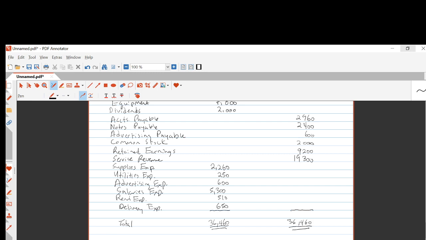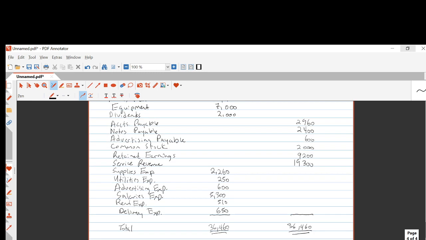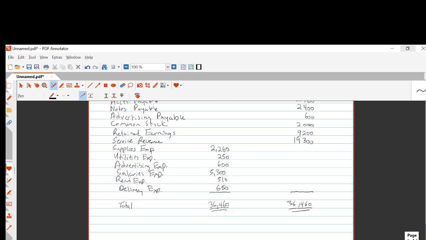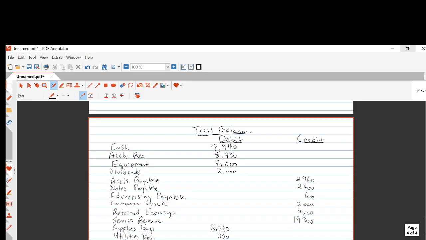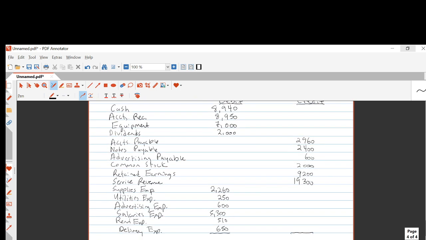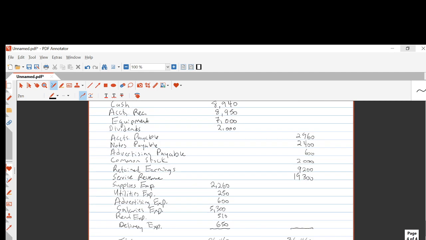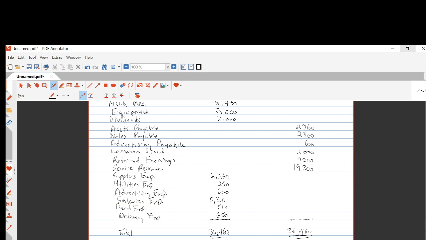But in general, if the total debits equal the total credits in the trial balance, you probably have not made an error. So the total debits equaling the total credits is a necessary but not sufficient condition to ensure that you haven't made an error. You still may have made an error, but likely you haven't if these two equal. Anyway, that concludes this problem.